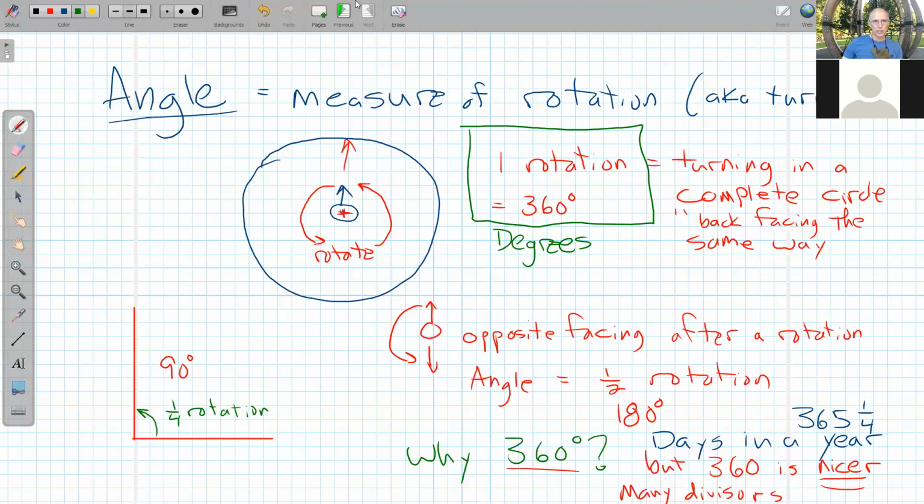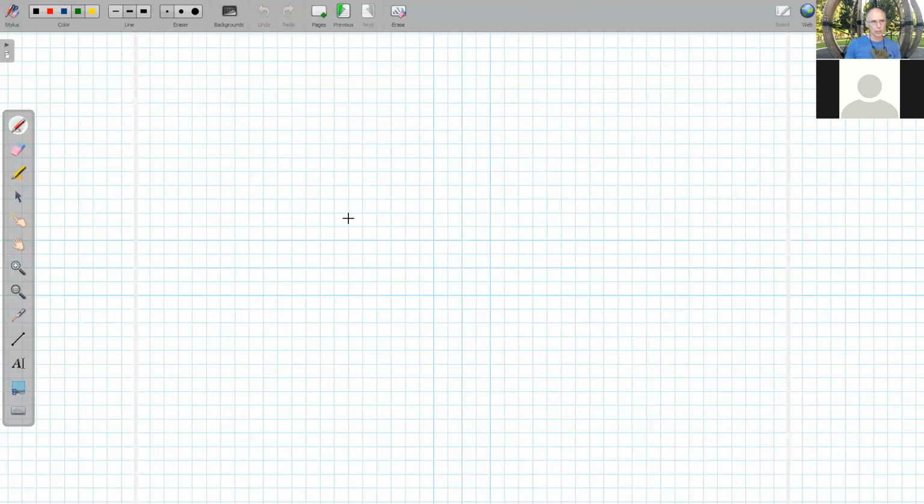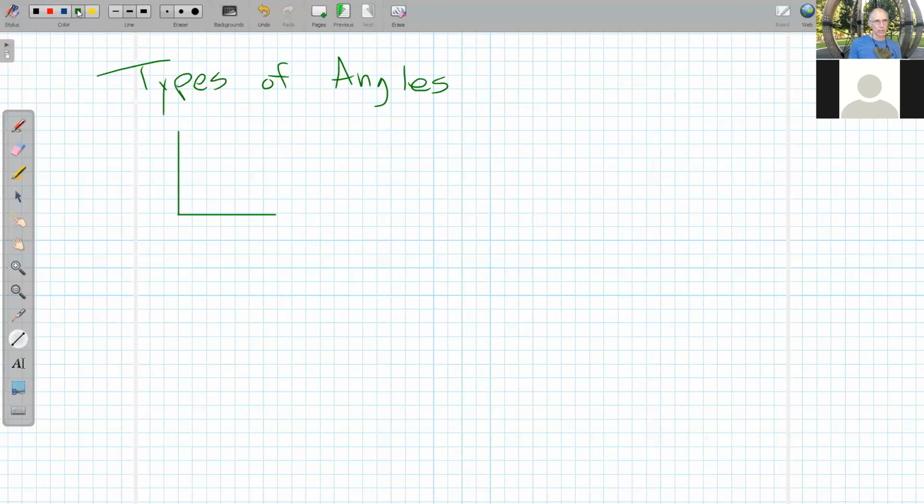All right, other things about angles. Types of angles. So I mentioned a moment ago, if I can make a pair of line segments or rays or even lines meet like a floor and a wall, if this angle here happens to be 1/4 of a rotation, or 90 degrees, then we also call it a right angle.